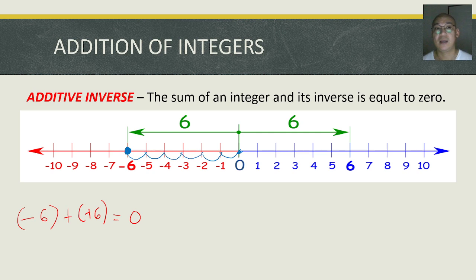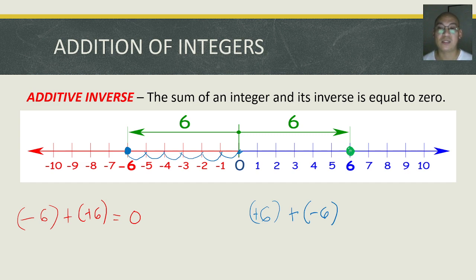That's why the inverse or the opposite of the given integer, when we get their sum, is 0. And so as positive 6, let's say positive 6 plus negative 6. We start with positive 6, and then let's count going to the left as we're going to add negative 6.